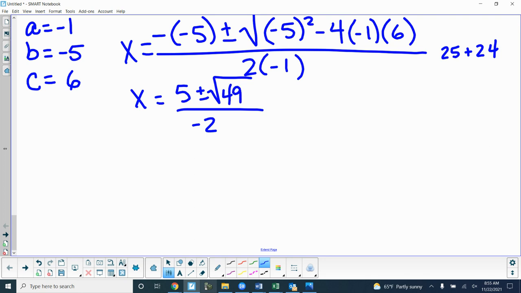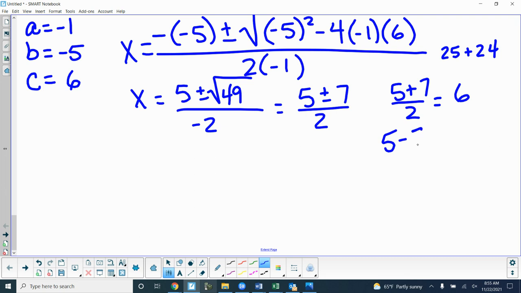That's a nice number. Why? Perfect square, right. So we can finish this and actually get two answers, right? So remember, there's 5 plus 7, 12 divided by 2 is 6.